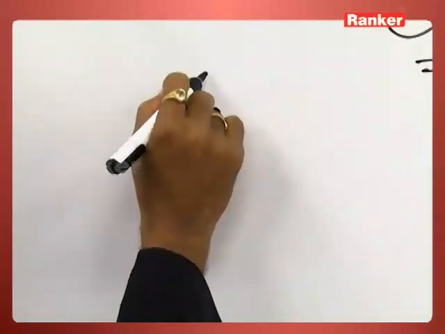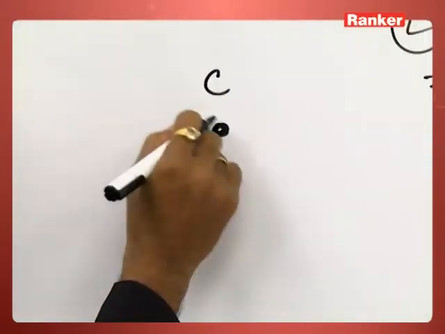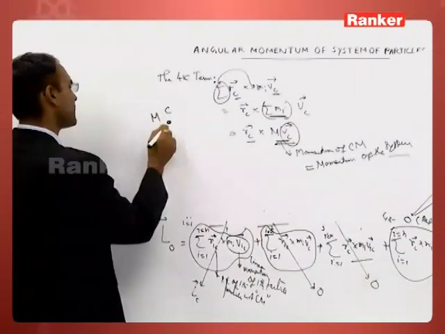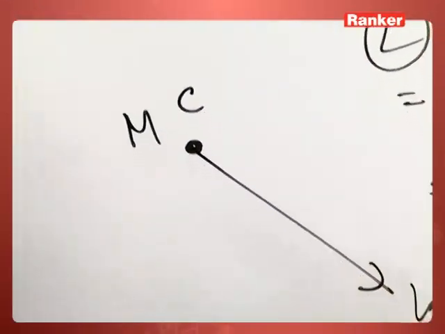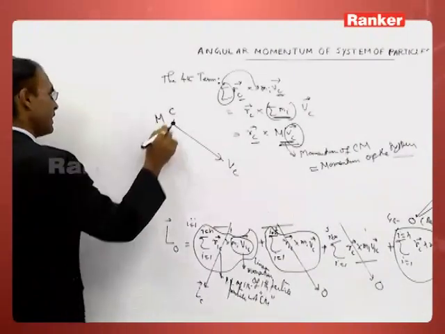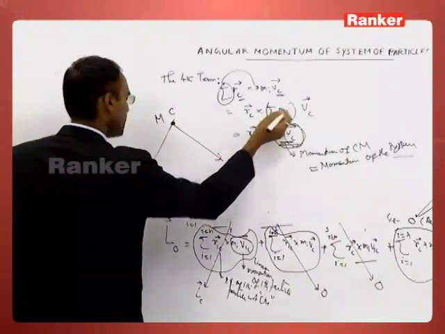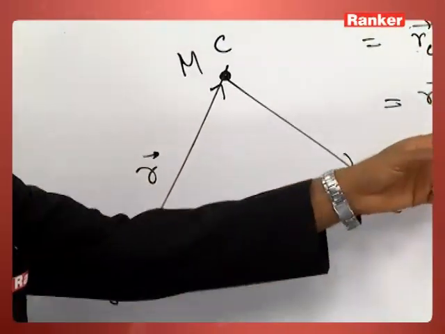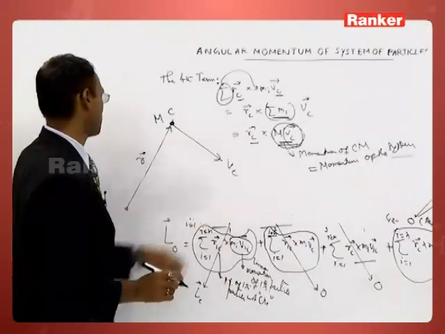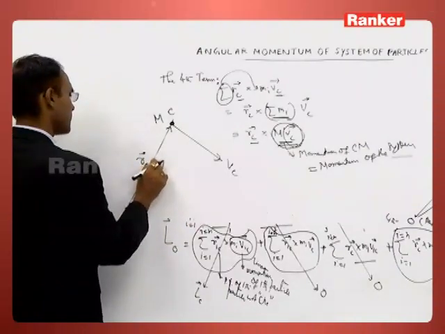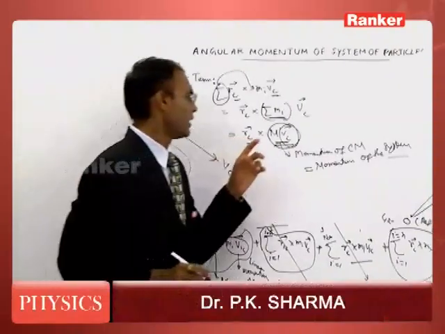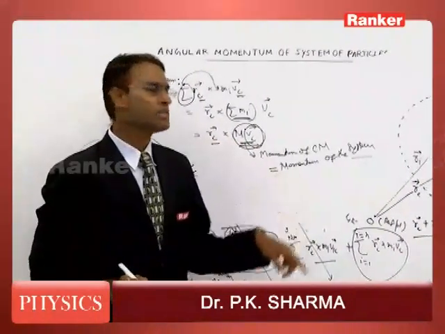This is the center of mass point. Entire mass of the system is imagined to be centered at this point. The center of mass velocity, and we can call it momentum of the center of mass. Linear momentum is multiplied with this. So R_C cross M V_C can be called angular momentum of the center of mass.